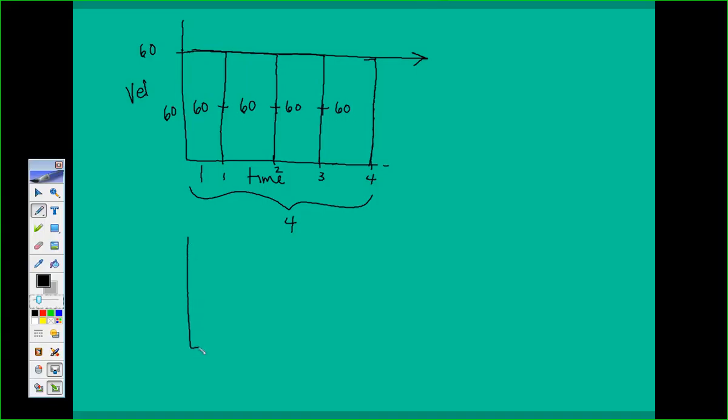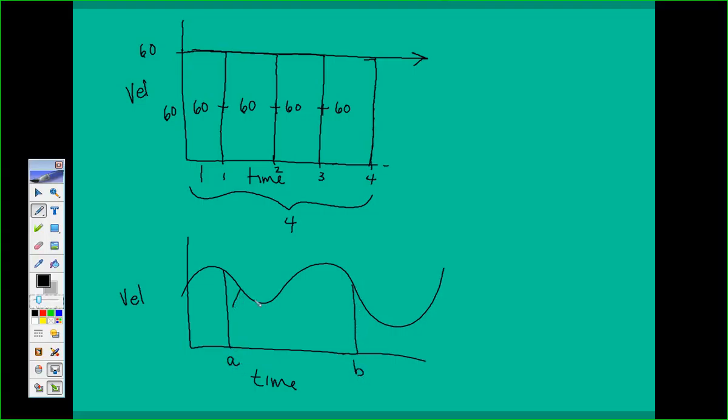What if we had the same scenario, but this time we don't have a constant velocity? Say our velocity is changing. So if we wanted to find the distance traveled on this interval from A to B, if we're able to find the area under the curve of the velocity function, that would give us the total distance traveled on that interval from A to B. Now we're going to apply the technique that we learned last time.